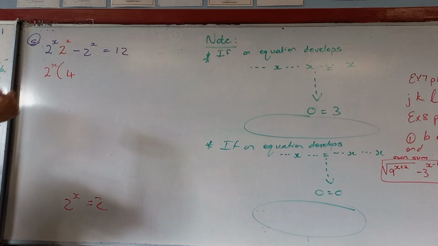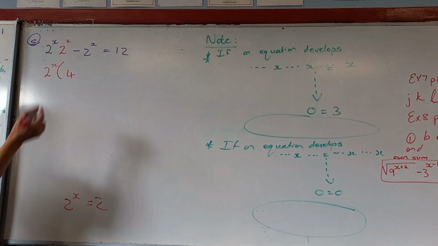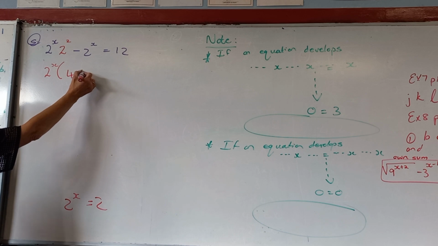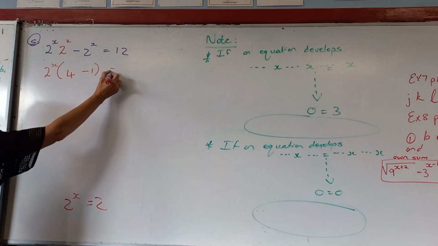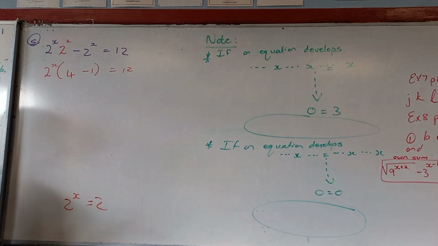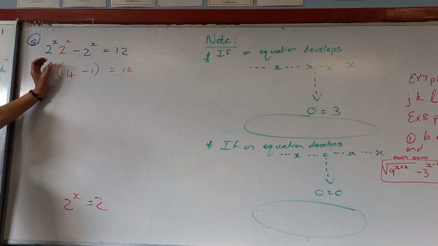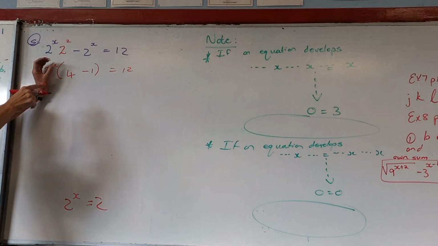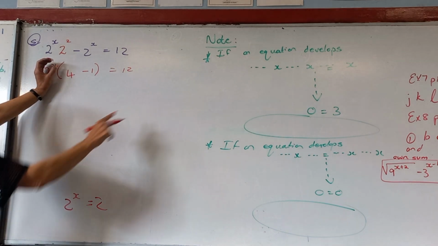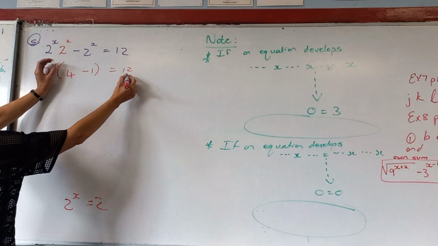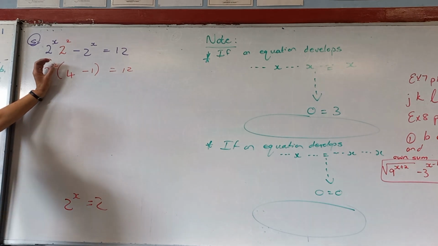Immediately writing the 4 because you're now going to be working with numbers. And then what's left in that one? Negative 1. My aim is what? I want this alone. So get rid of that bracket. You can first subtract to get 3 and then go and divide it. If you want to, you can even say take that whole 12 and divide it by 4 minus 1.